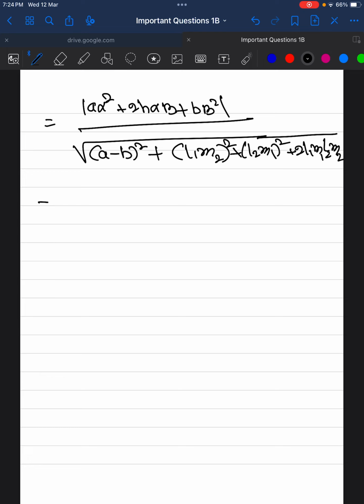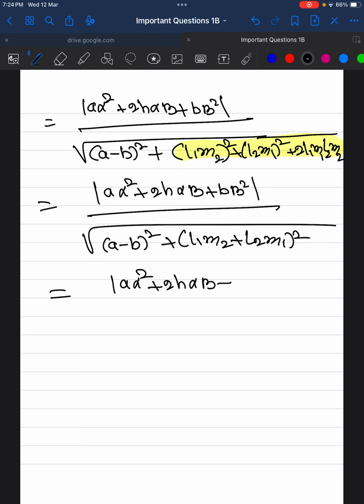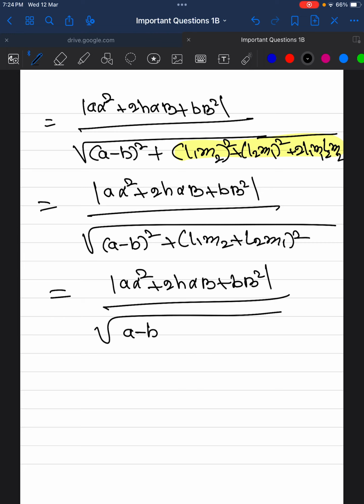This will become mod A alpha square plus 2H alpha beta plus B beta square by root of A minus B whole square plus L1 M2 plus L2 M1 whole square, that is A minus B whole square plus 2H whole square.